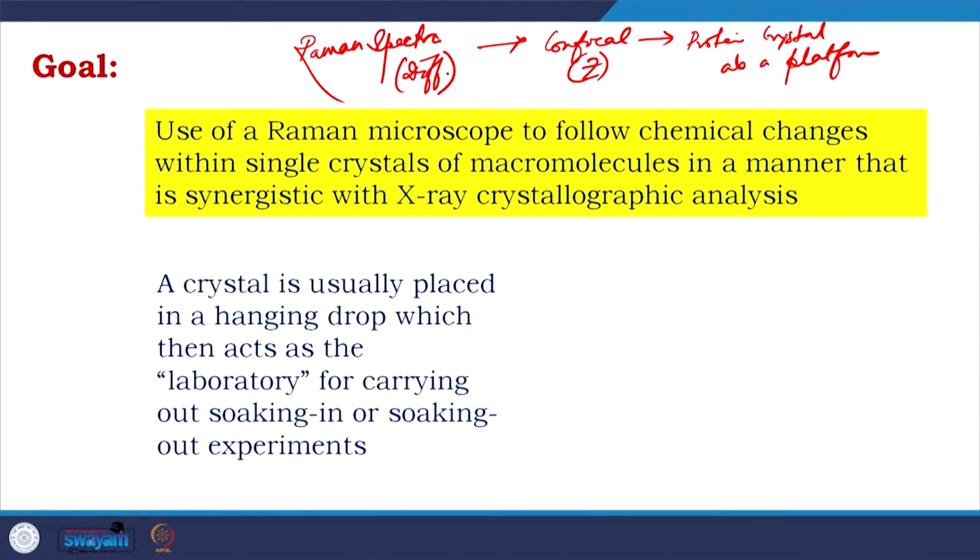A crystal is usually placed in a hanging drop, which then acts as the laboratory, because this is the platform for carrying out soaking in or soaking out experiments. What does that mean? You have the crystal in the drop, you add the small molecule, it goes inside, and it would only be visible if it comes inside, because in the instrumental setup we are only scanning the Z axis.